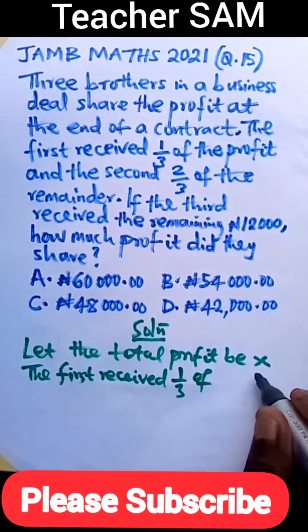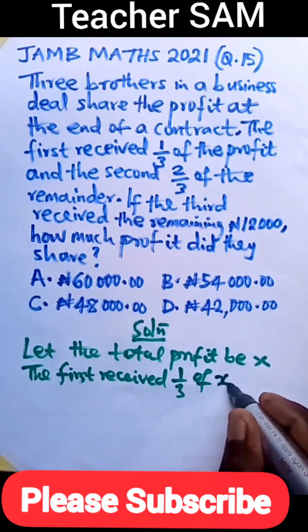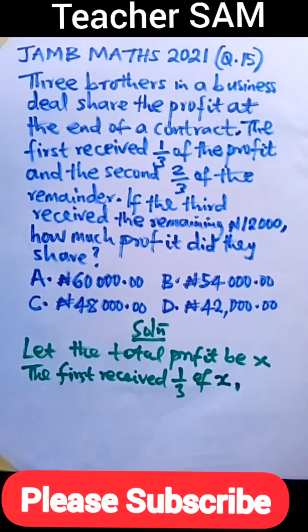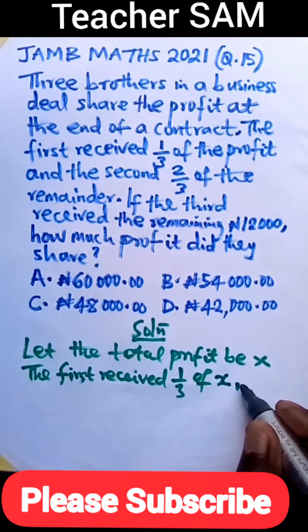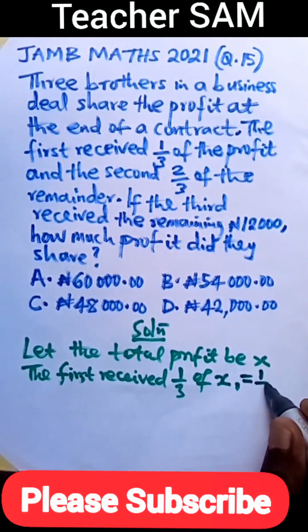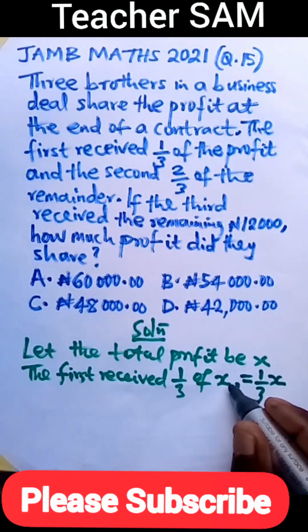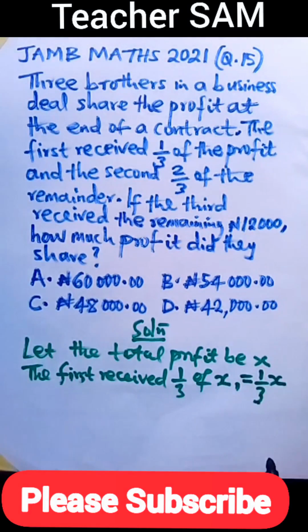Let the profit be X, so 1/3 of X is 1/3 times X, which is 1/3X. So that is what the first received.